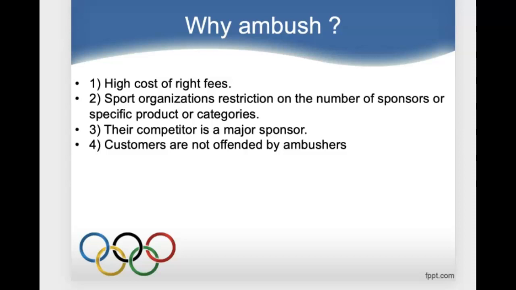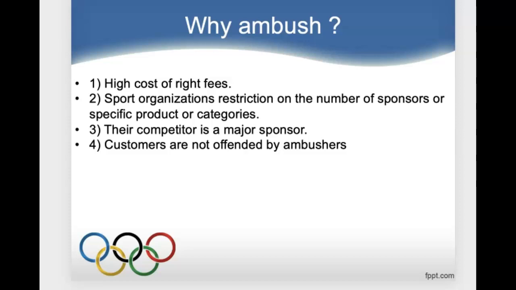So a lot of companies want to associate with events like the FIFA World Cup and the Olympic Games. So the prices they set are also incredibly high. For the Olympics, for instance, the IOC has an Olympic sponsorship program called the TOP program. The TOP program currently only has about 12 spots, so it's only open to 12 companies around the world.